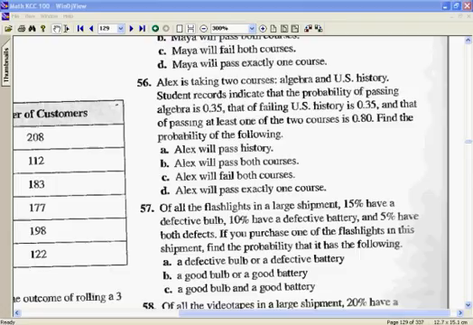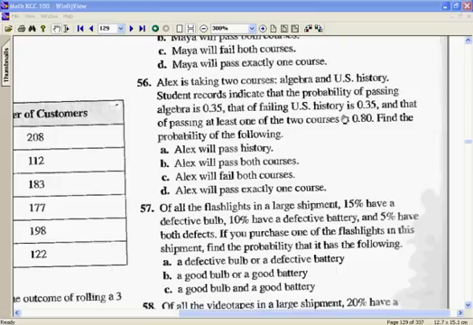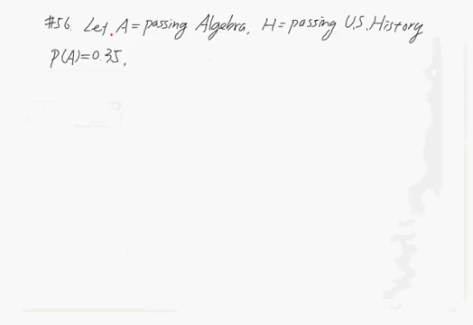So now the problem says the probability of passing the algebra is 0.35. Right, so we have P of A equal to 0.35, and the probability of failing U.S. history is 0.35. So failing the U.S. history, that should be H prime.